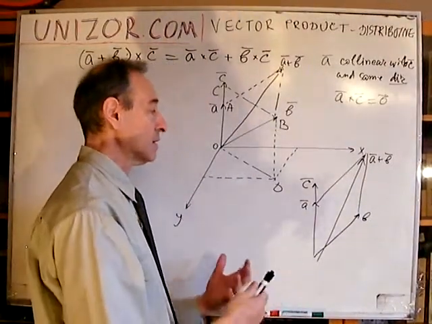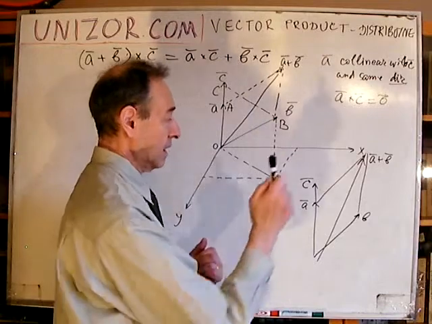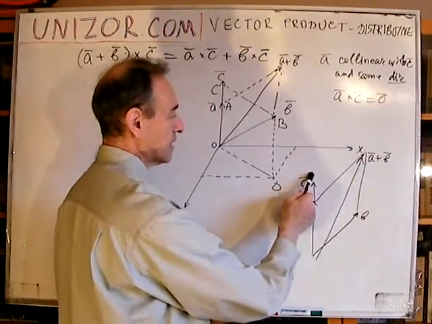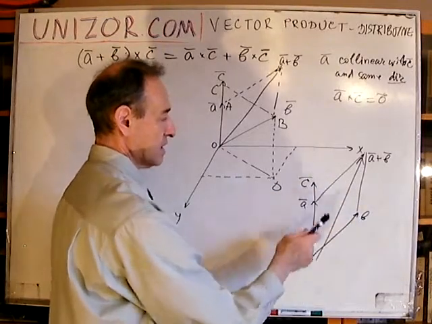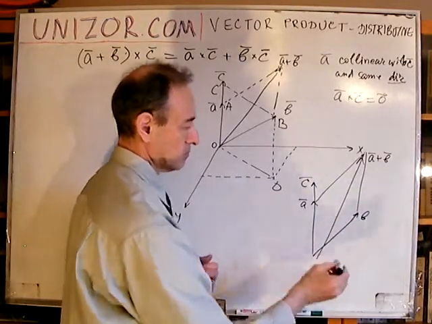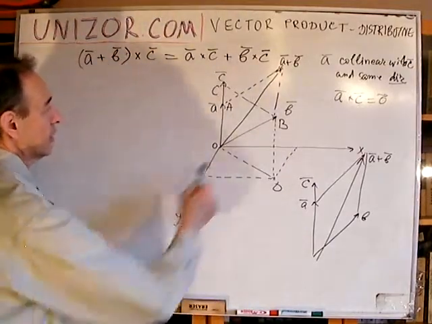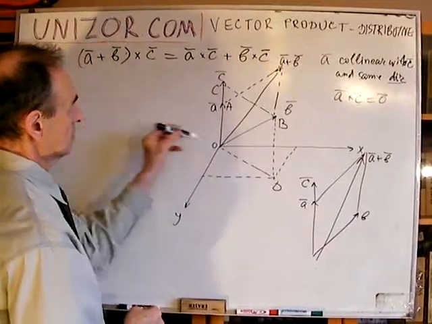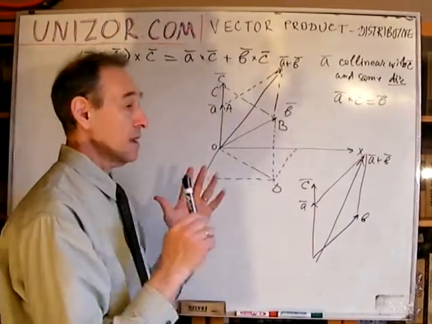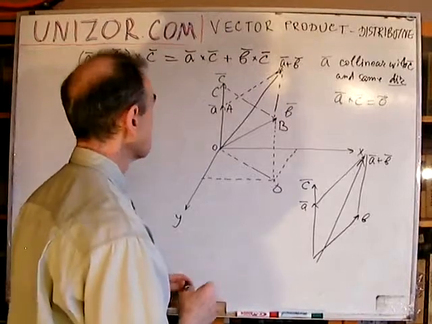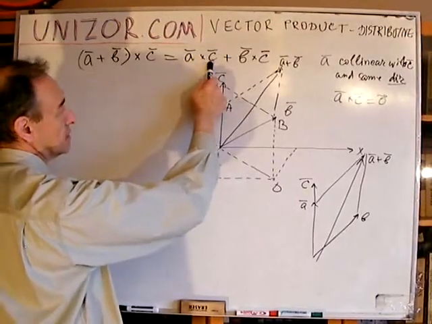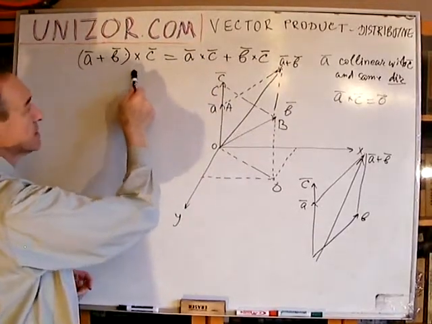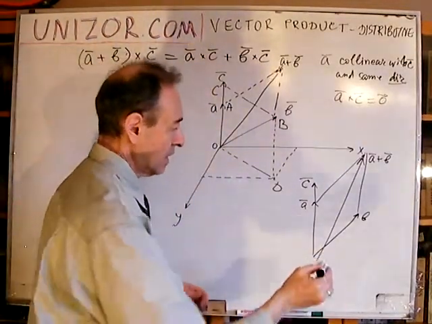So what I'm talking about is that the direction of A plus B times C, or B times C, is always this way. Now, on my three-dimensional drawing, it's somewhere here. So, first of all, what I would like to establish is that A times C is null vector, and B times C and A plus B times C are directed in the same direction.